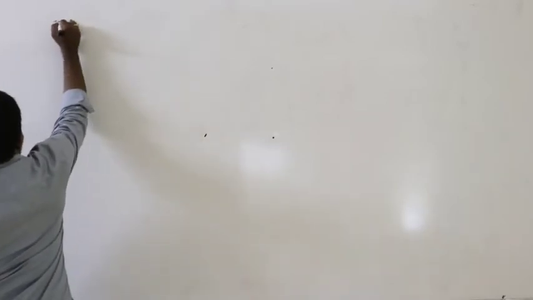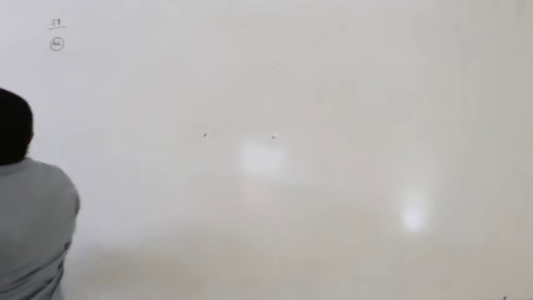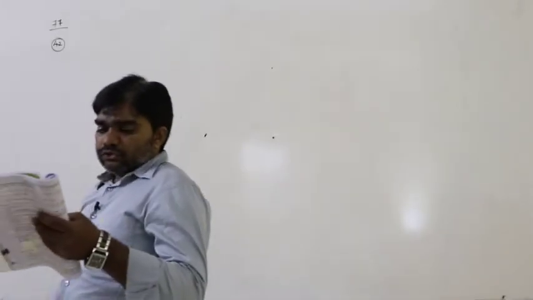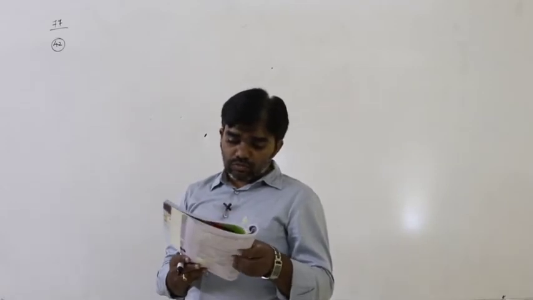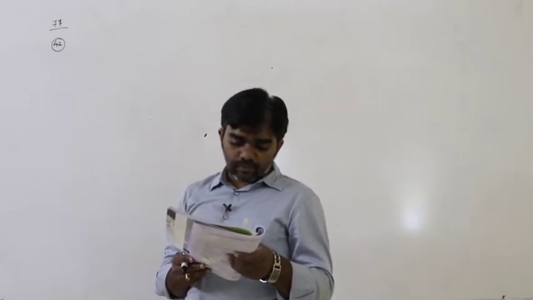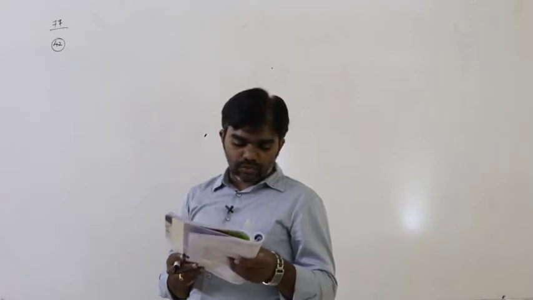So next we can do some problems based on graphs, how to solve the problems based on the graphs. See here, your example page number 77, question number 42. 3 moles of an ideal monoatomic gas undergoes a cyclic process as shown in the diagram.